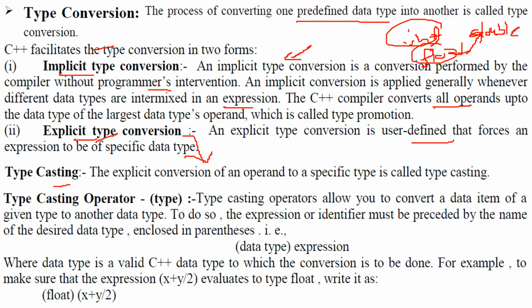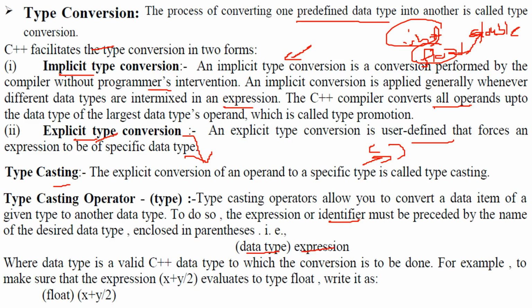You have the typecasting operator, which allows you to convert a data item into another data type. For that, the expression or the identifier must be preceded by the name of the desired data type enclosed in parentheses, which are the round brackets.